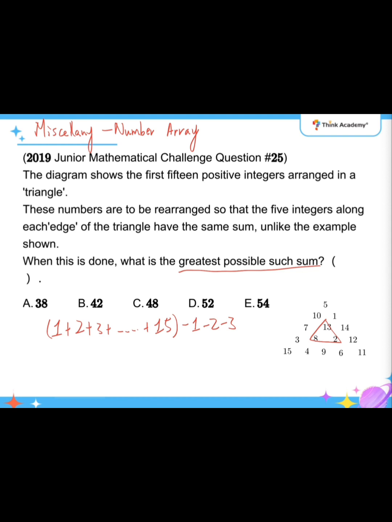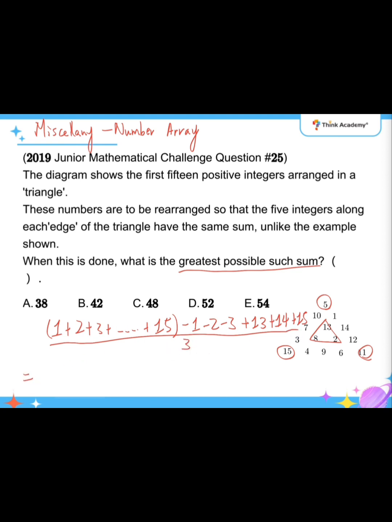So I am removing them from the 3 sums. And now, the 3 numbers at the corners are each counted twice. And what are those numbers? I want them to be as big as possible. So I'm adding 13, 14, and 15. And then finally, that's the total of 3 sums, right? So I need to divide it by 3.